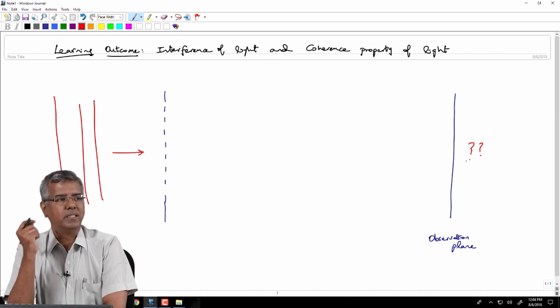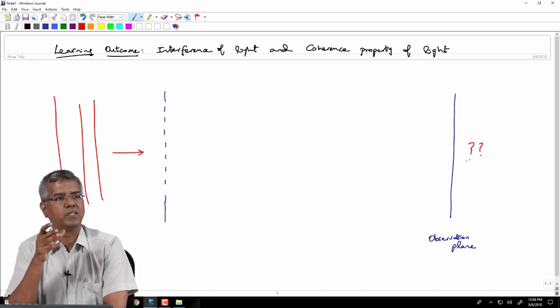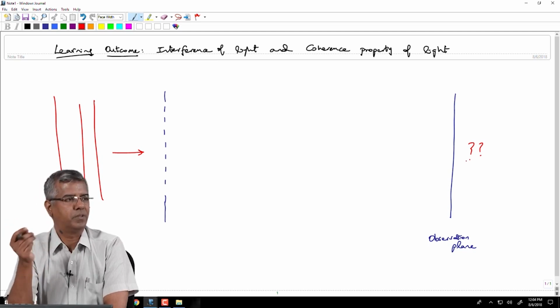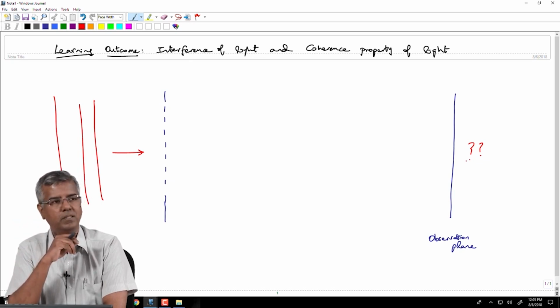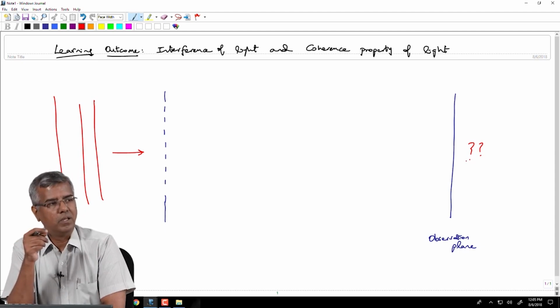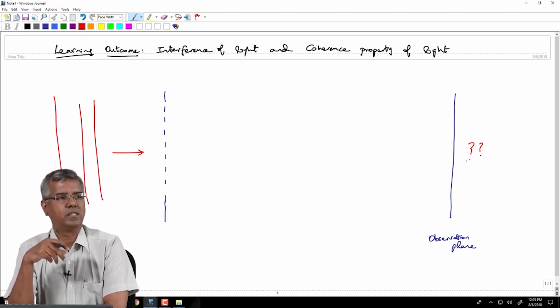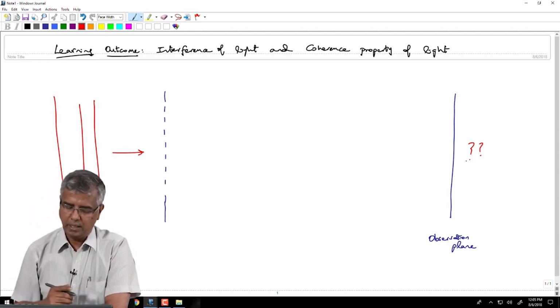We said as you go to higher and higher order of interference, you start separating out the colors more and more, because interference is a color dependent phenomenon. So, you can separate out multiple colors through this. Now, what happens to that property when you have multiple slits involved? Okay. So, that is what we are interested in looking at.